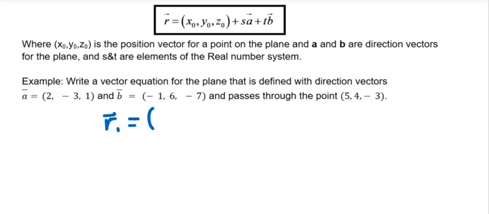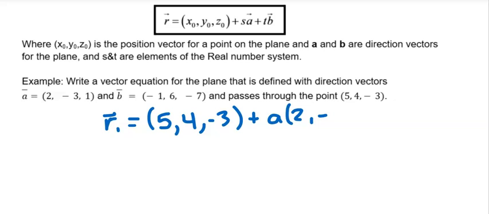We're going to start at this point 5, 4, -3, and then we're going to move in the direction of A. We're going to move 2, -3, 1, and then also in the direction of B, -1, 6, -7.